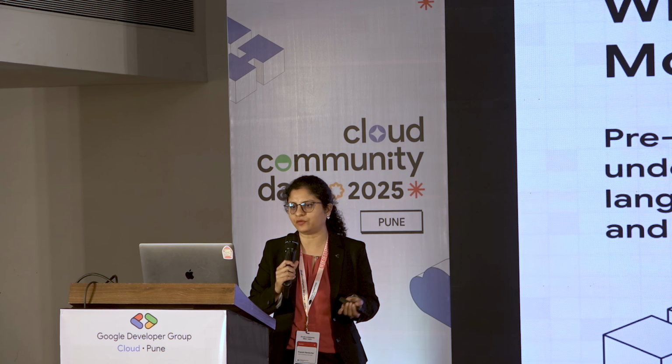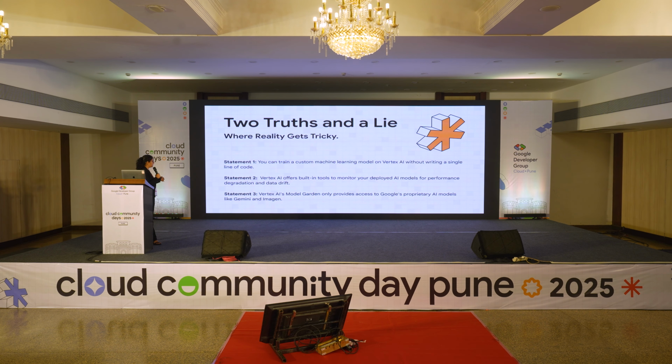Okay, so again, a truth and a lie, the fun part. Statement 1: you can train a custom machine learning model on Vertex AI without writing a single line of code. Is it truth or a lie? It's a truth, right? Second statement: Vertex AI offers built-in tools to monitor your deployed AI models for performance degradation and data drift.